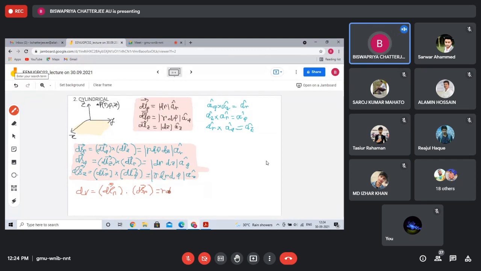And direction wise, ar dot ar, so it becomes 1. So the result for dV is r dr d phi dz.